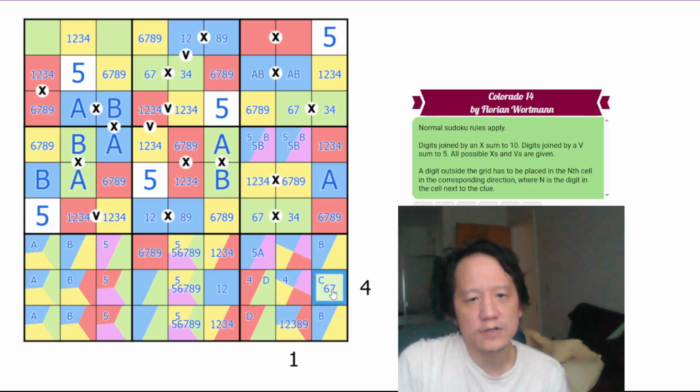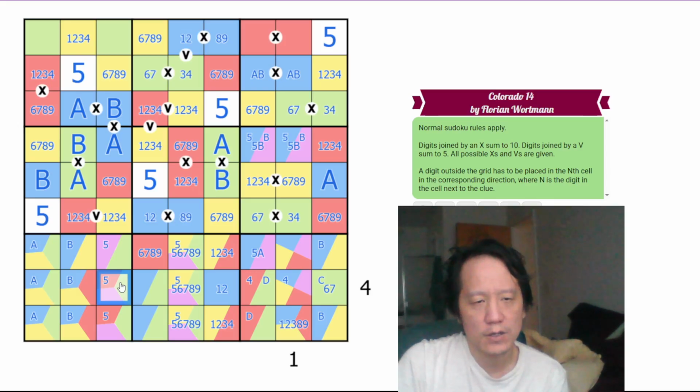That means if green is 7, red has to be 4. If green is 6, obviously green is 4, to add up to 10. Sorry, we're talking about high green. So if high green is 7, obviously this has to be 4. But it can't be green, it can't be pink, and therefore it has to be a low red.